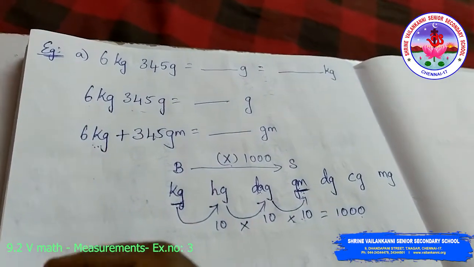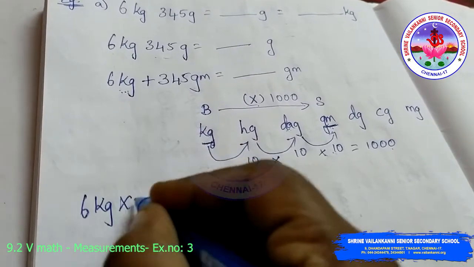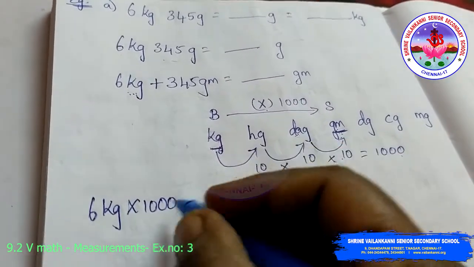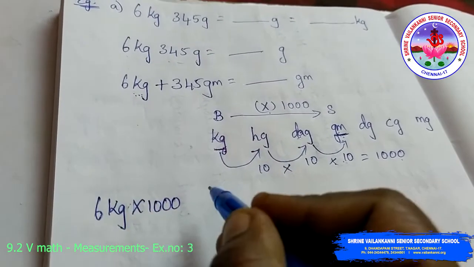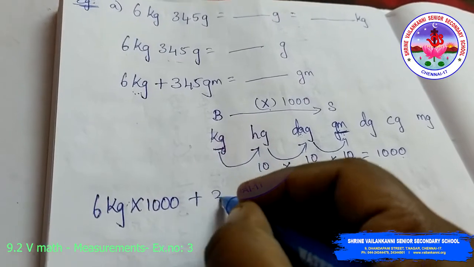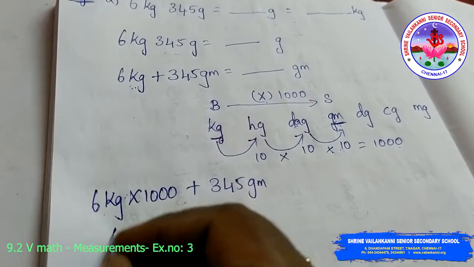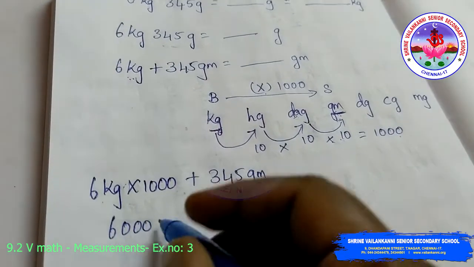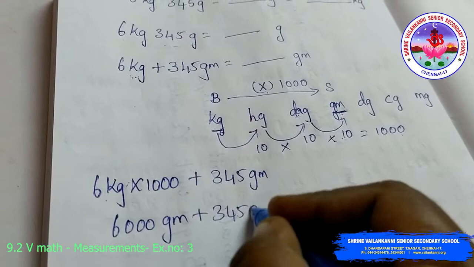So 6 kg into 1000. When you do this multiplication with 1000, kg will convert to gram. Then 345 gram. After multiplying, you will get 6000 gram plus 345 gram.